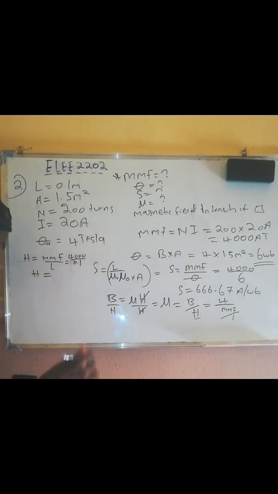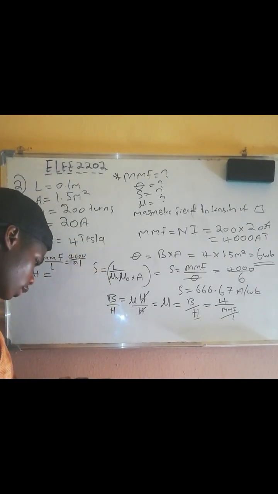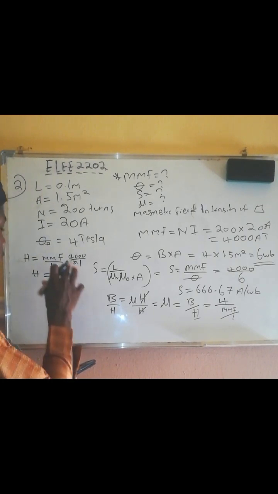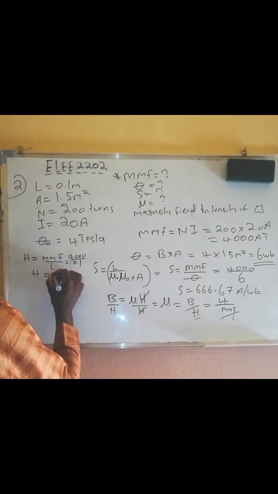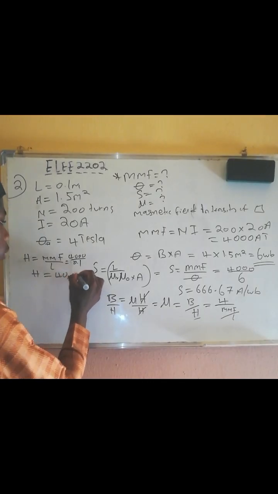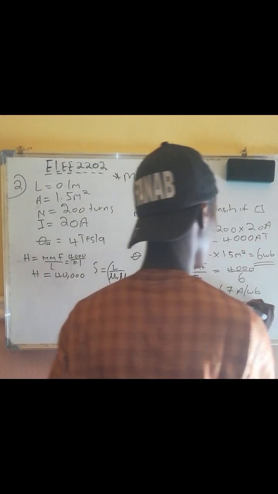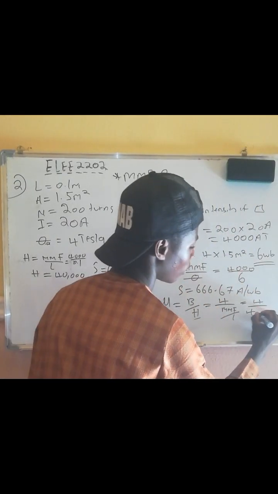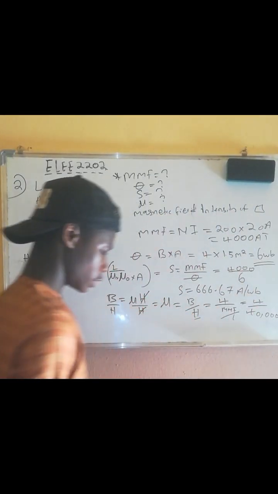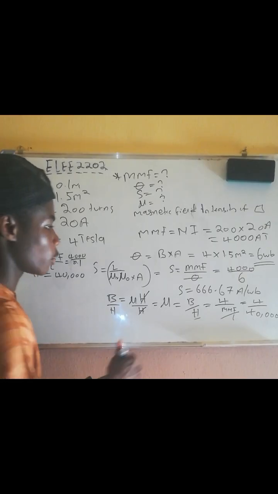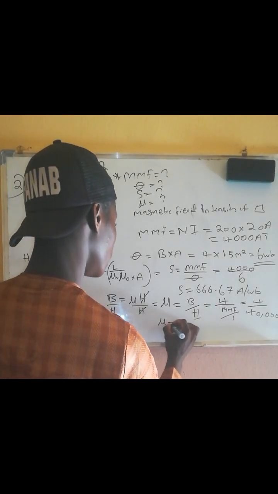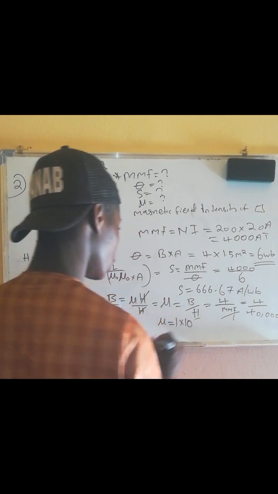Therefore the value of H is 40,000. So we have 4 over 40,000. If we divide 4 by 40,000, we have 1 times 10 exponential. Therefore mu will be equal to 1 times 10 exponential of what?